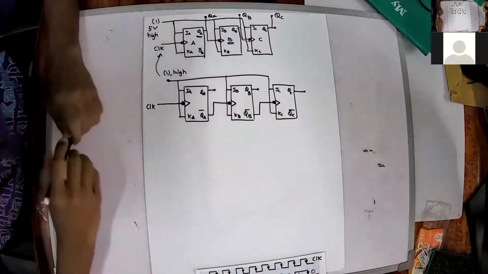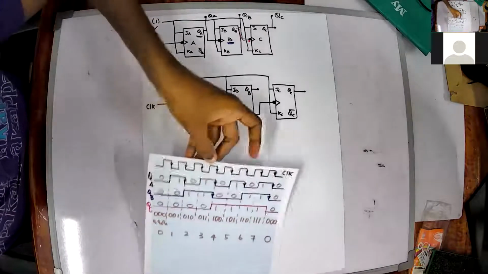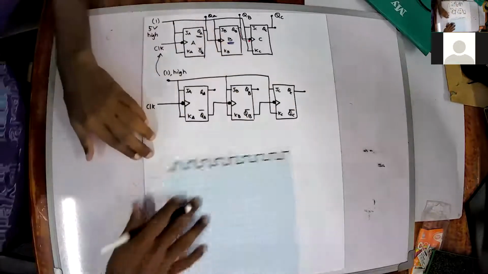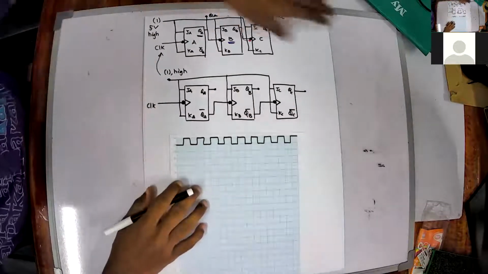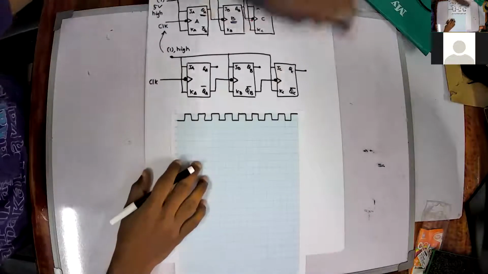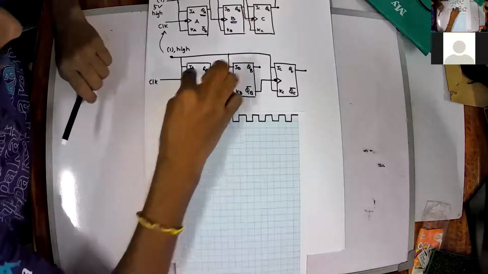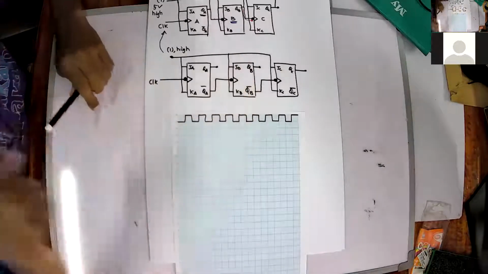Now let's see how the counter works. Let this be my clock pulse. I have my clock pulse, and then I have QA and QA bar.